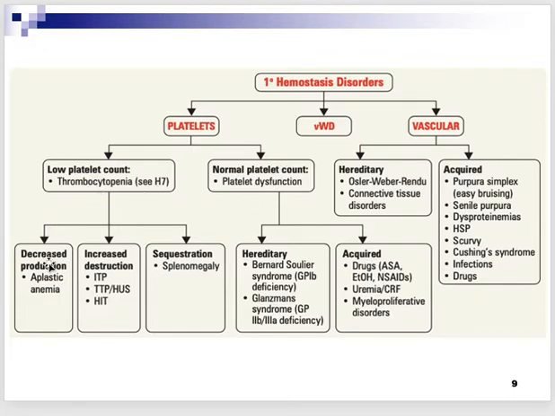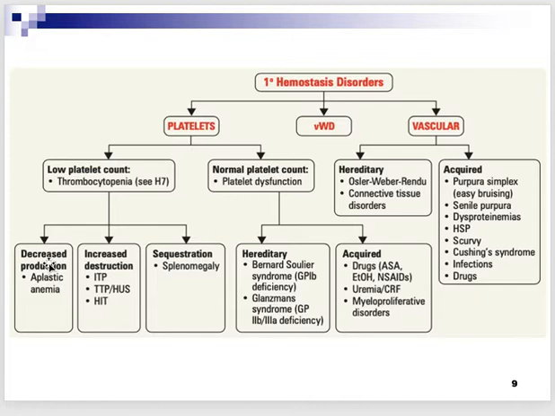Number one, there is decreased production, aplastic anemia, which basically decreases all the cell lines like RBCs, WBCs, and platelets. Aplastic anemia could be as a result of parvovirus B19 infection.